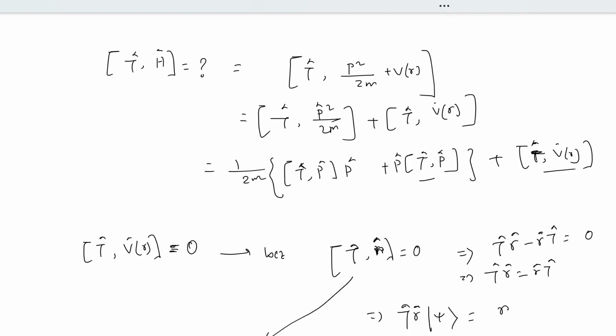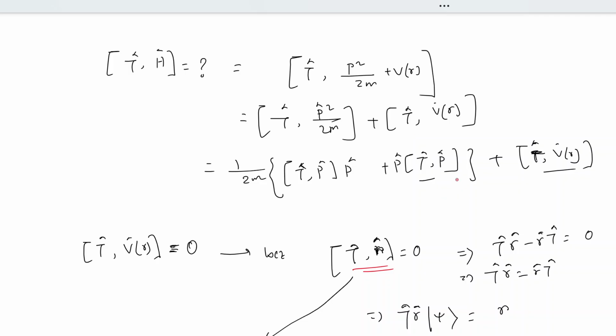T has literally no operational change on psi r because it cannot change the position, so this is simply r psi r minus r cap acting on psi r, which also gives you r psi r, so this is equal to 0. That means if the time reversal operator is not changing the position of the state or wave function anyhow, then its commutation bracket relation with position will give you 0.